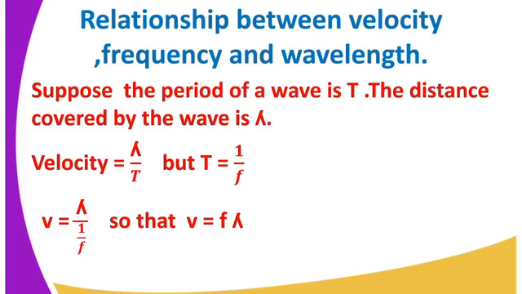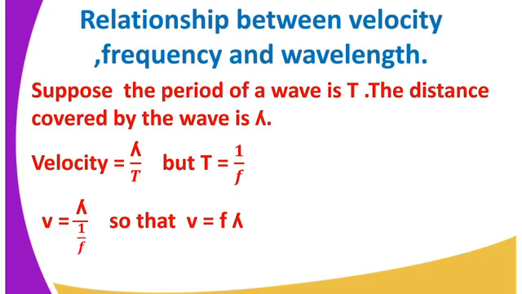So what relationship are we getting? In the equation v = f lambda, we have plotted frequency against wavelength. Therefore, you can write it in the form of an equation of a straight line, that is, y = mx + c, so that you can see the relationship between frequency and wavelength.